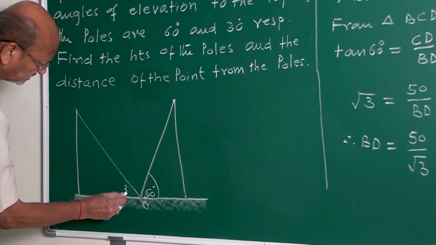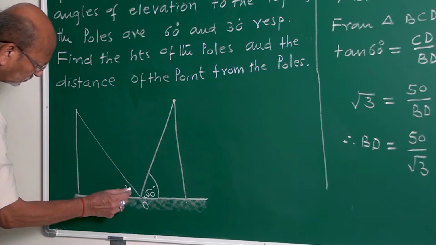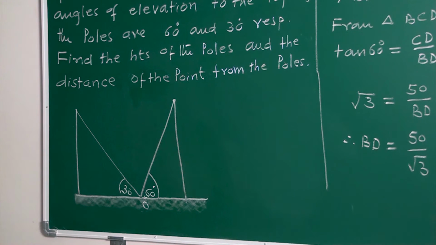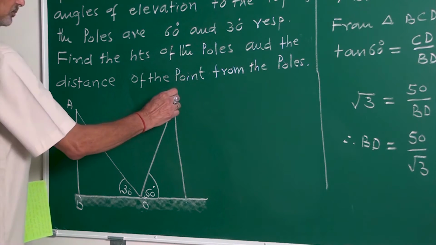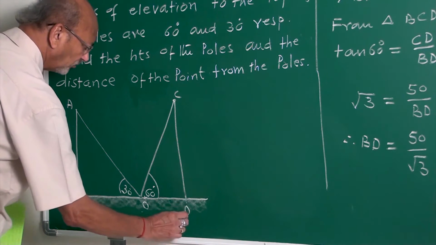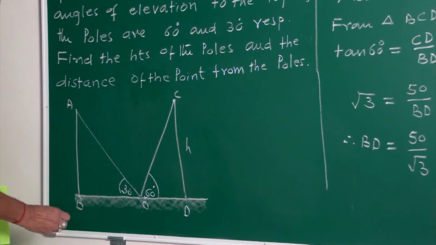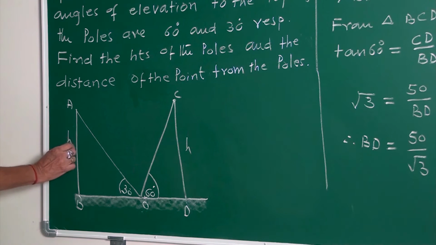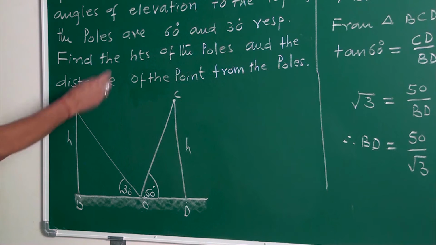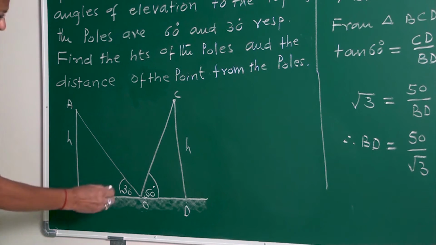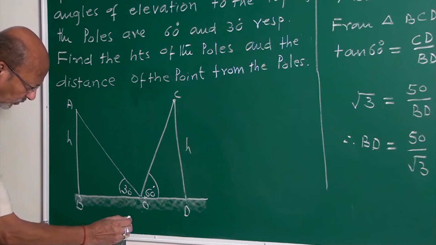Say this is the first pole AB, and this is the second pole CD of equal height. In both cases, the height is the same. These are the angles given, and one more thing is given: the road is 80 meter wide.